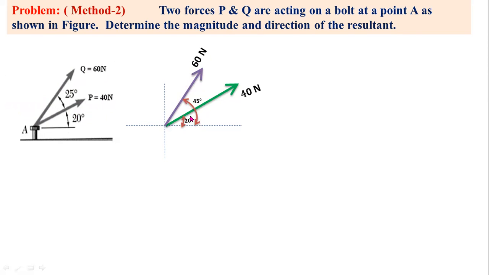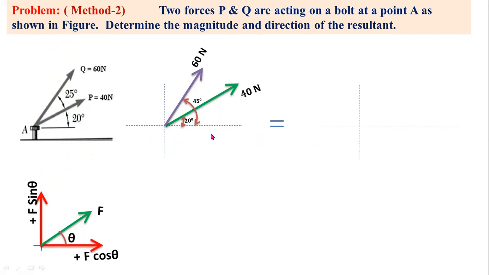So 20 plus 25 equal to 45 degrees from the x-axis. So this is the given diagram. Now I want to convert this diagram into x and y components, so that's why you have to consider the x and y axes.